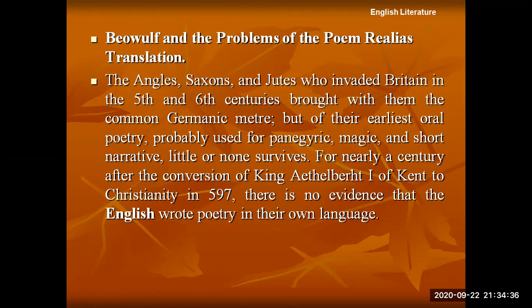For nearly a century after the conversion of King Ethelbert I of Kent to Christianity in 597, there is no evidence that the English wrote poetry in their own language.